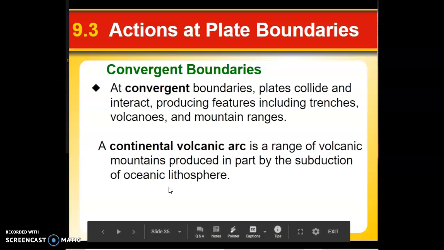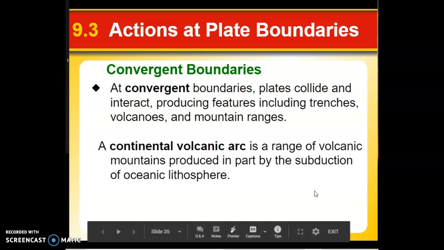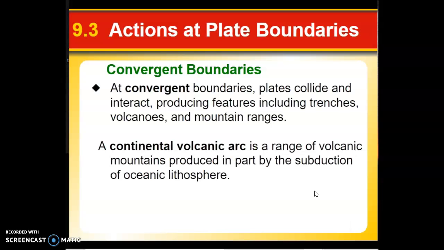When two plates converge, the result depends on the type of lithosphere the plates are made of. No matter what, smashing two enormous slabs of lithosphere together will result in magma generation and earthquakes. Convergent boundaries produce features including trenches, volcanoes, and mountain ranges.